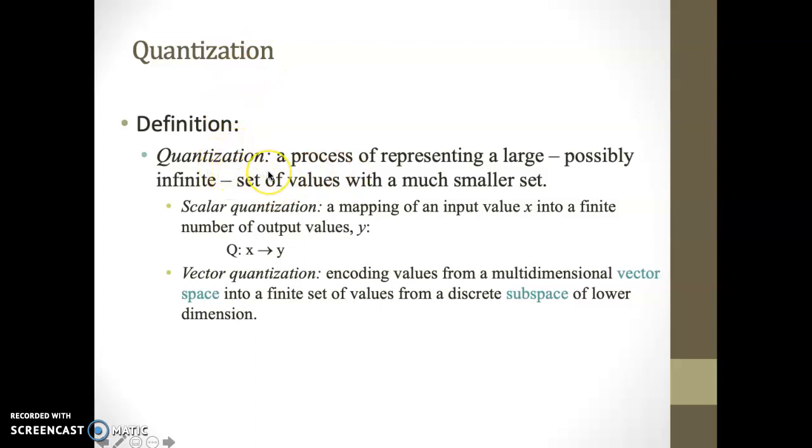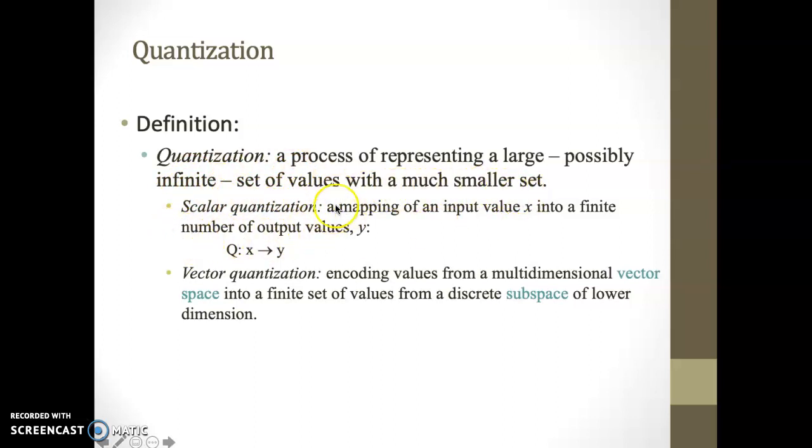If you want the image to be in a quality the same as the original, you will need a larger number of set values. But quantization represents a large set of values with a much smaller set.